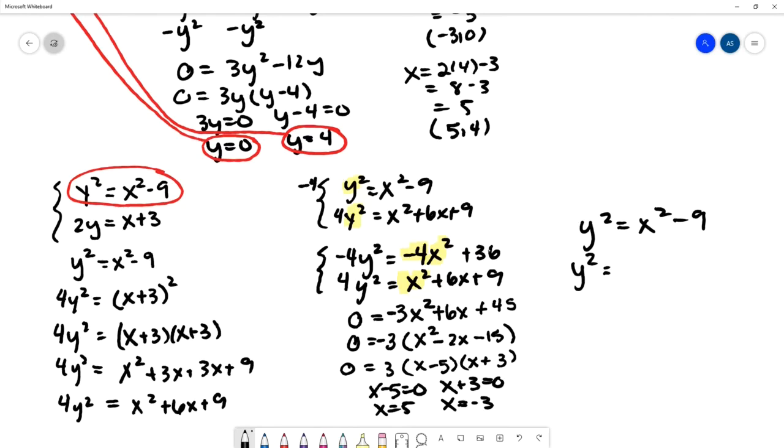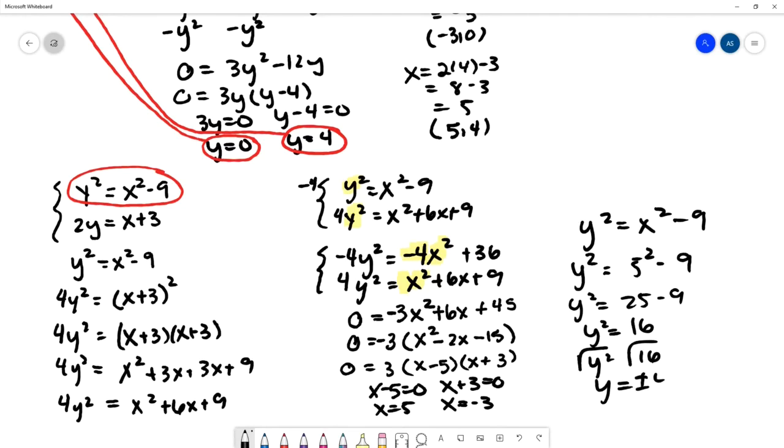Y squared is 5 squared minus 9. Y squared is 25 minus 9, and 25 minus 9 is 16. Y squared is 16. I can square root both sides. That gives y equals plus or minus 4.